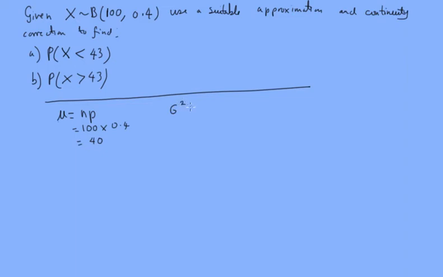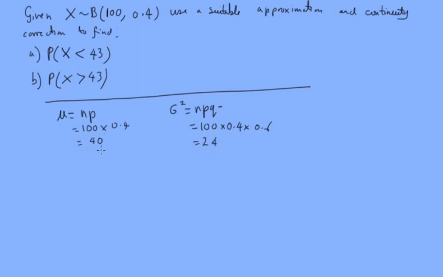And variance is npq, which is going to be 100 times 0.4 times q, where q is 0.6, which comes out at 24.